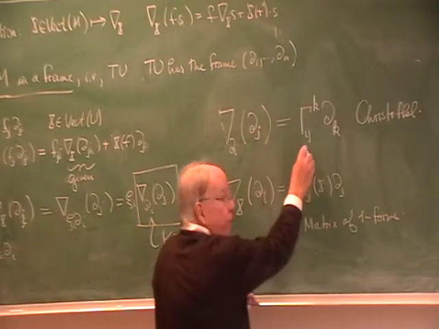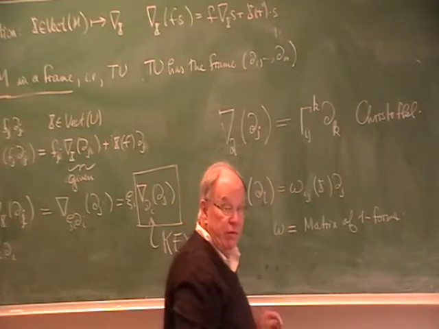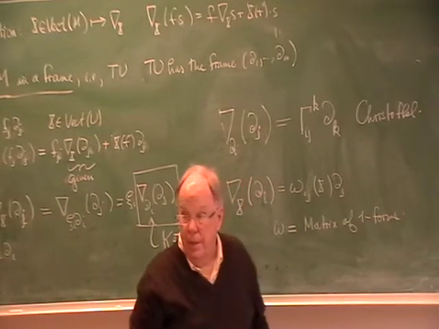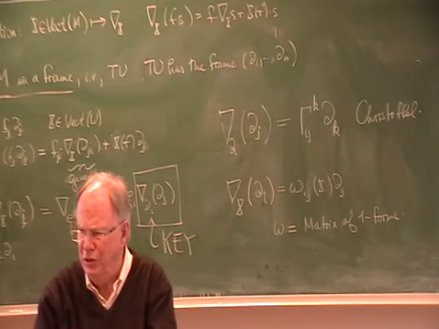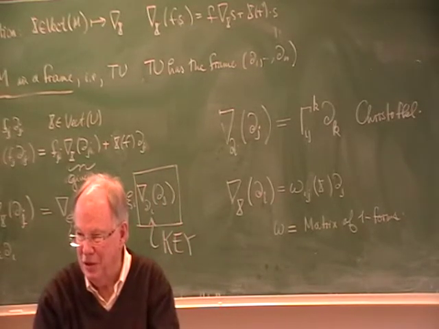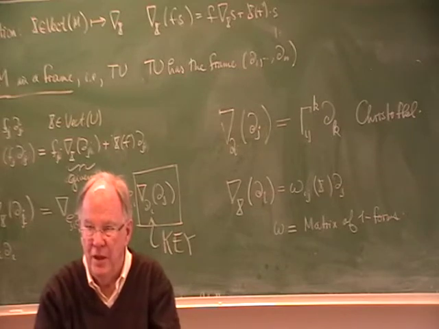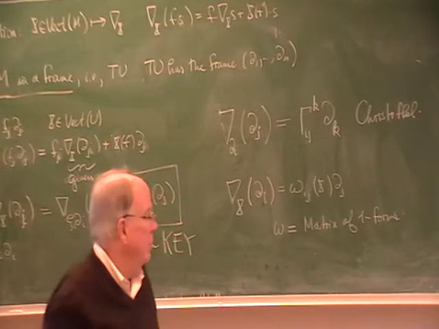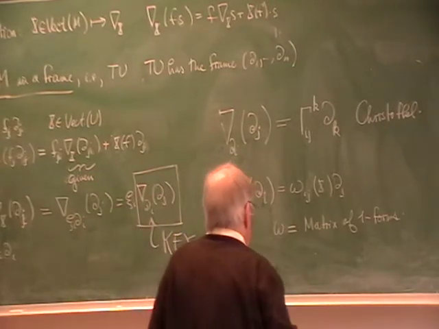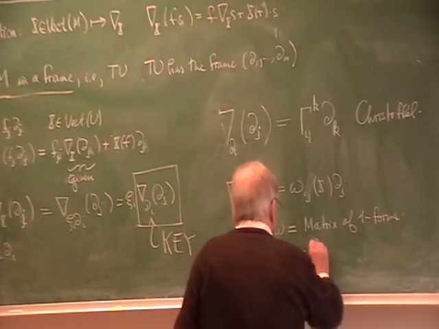And this matrix of one forms is given to you by the Christoffel symbols. Christoffel tells you how to apply the connection to either di or dj, depending if I make a mistake. Right? And this tells you how it's a matrix of one forms. So this is called a connection matrix.